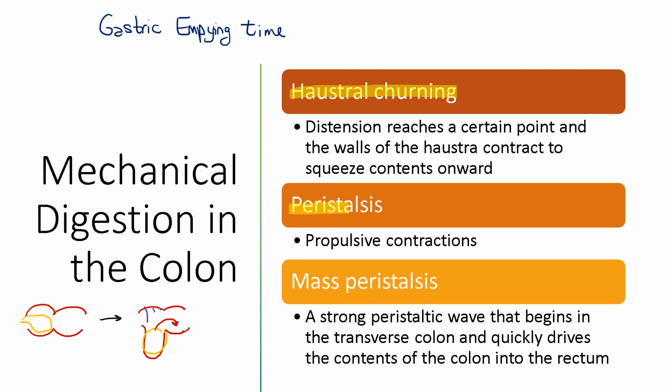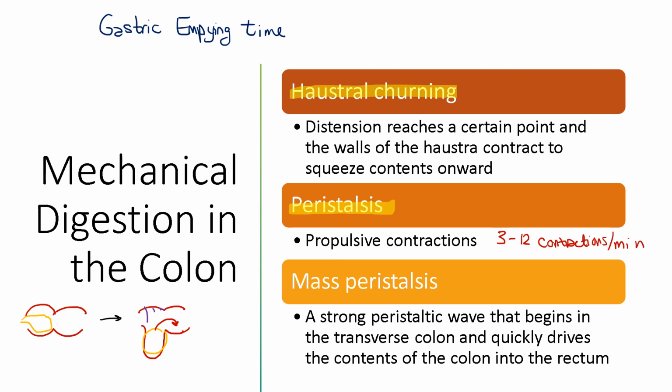Now, peristalsis also occurs, although it does occur at a slower rate than we've seen previously. So it's really only about 3 to 12 contractions per minute. So it is kind of a slow movement through the large intestine.